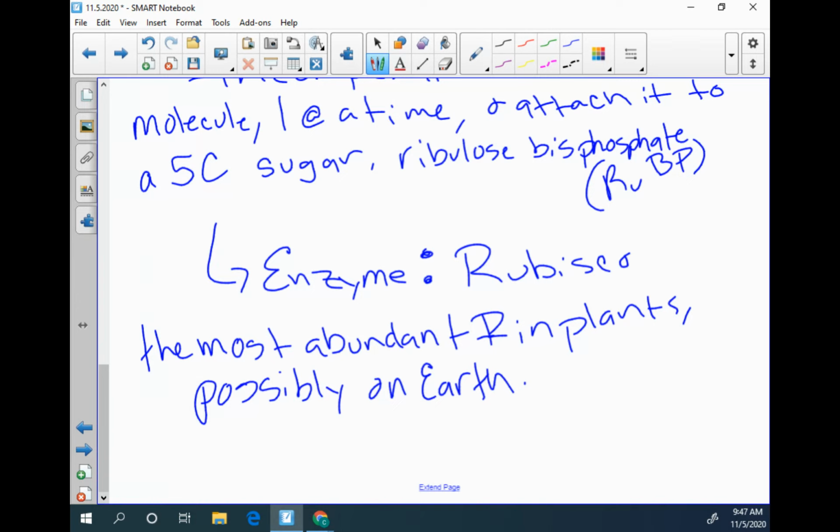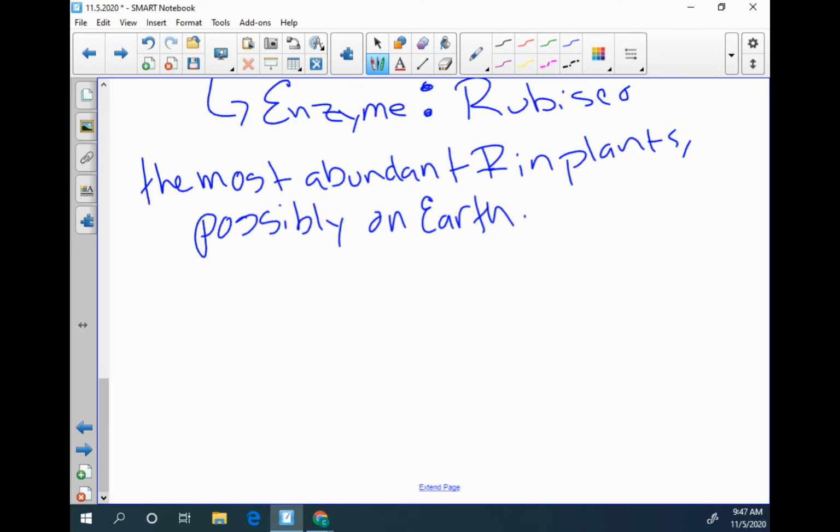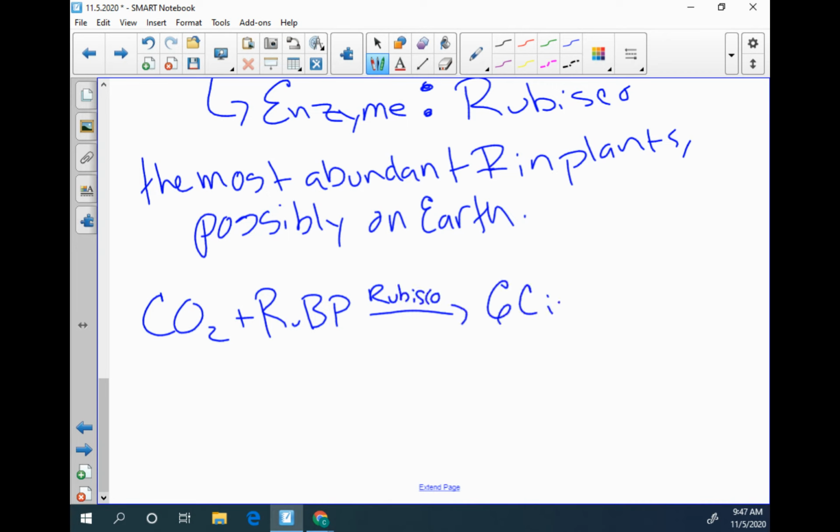So, we've got our 5-carbon sugar, our RuBP, our CO2 molecule, and Rubisco. And that gives us a 6-carbon intermediate.